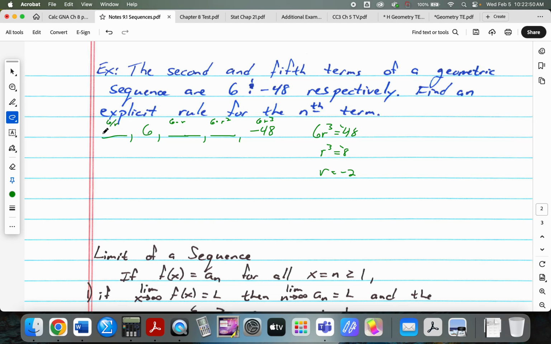So this is going to be 6 over negative 2. This is negative 3. So I don't need to know these two terms to be able to write the explicit rule. It's going to be a sub n is equal to negative 3 times negative 2 to the n minus 1 power.